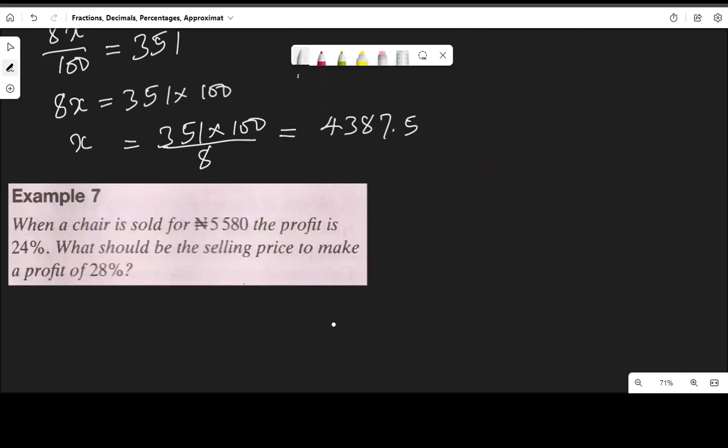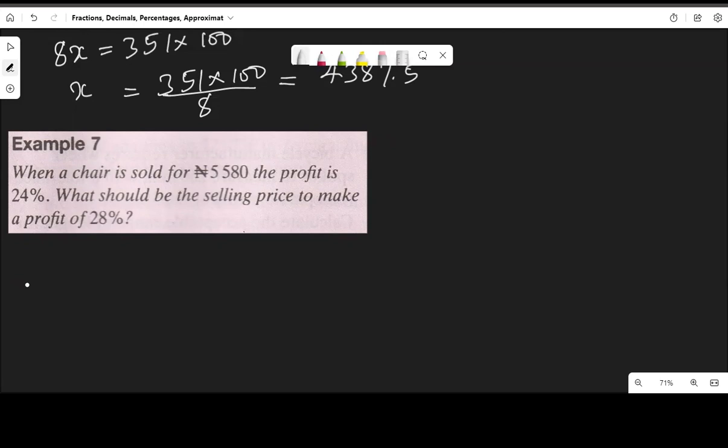When a chair is sold for 5,580 naira, the profit is 24%. What should be the selling price to make a profit of 28%? 124% of cost price is equal to 5,580.